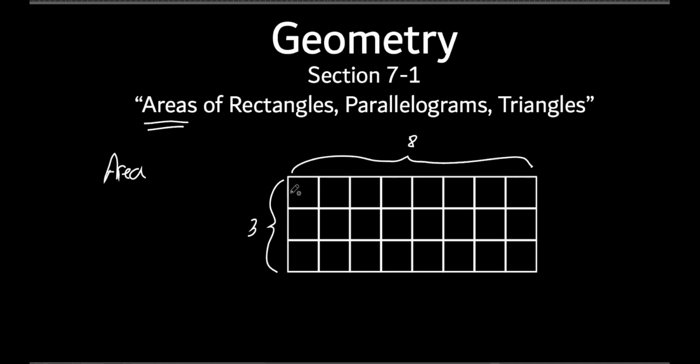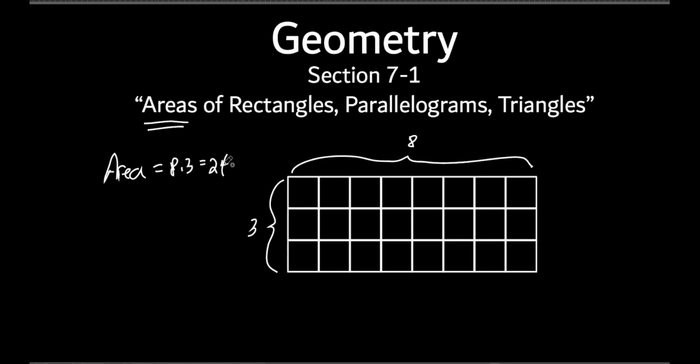But what if I had like 50 columns and like 27 rows? I wouldn't want to count every single one. So we count how many we got across, how many up and down, and then just multiply those 2 numbers together. So how many squares are there in that rectangle? There's 24 of them.